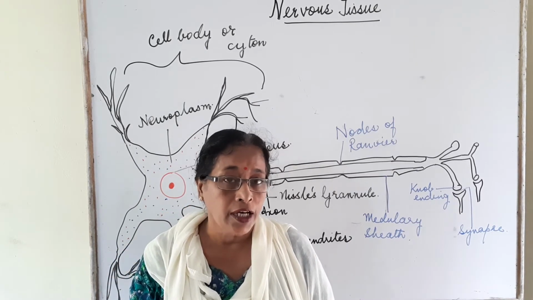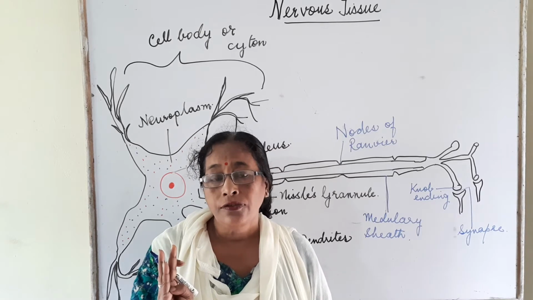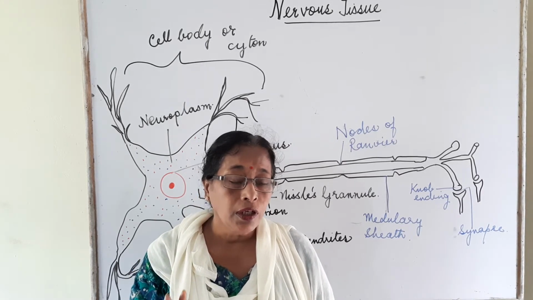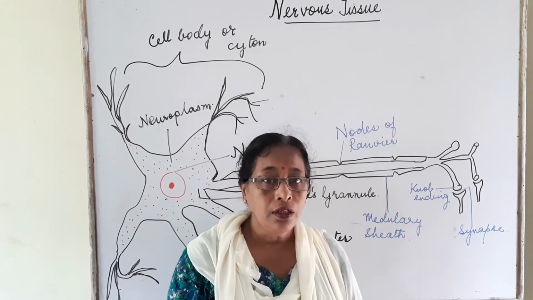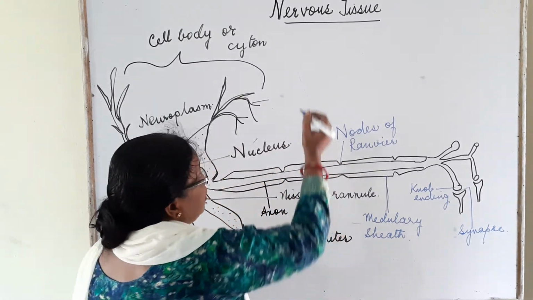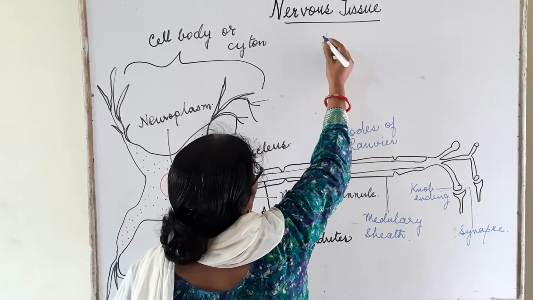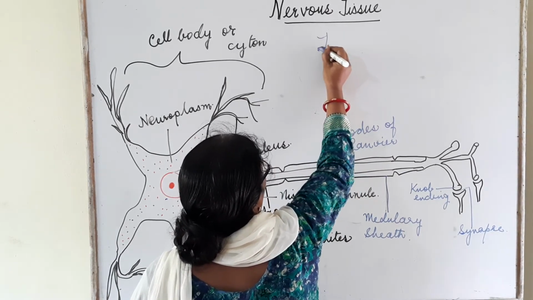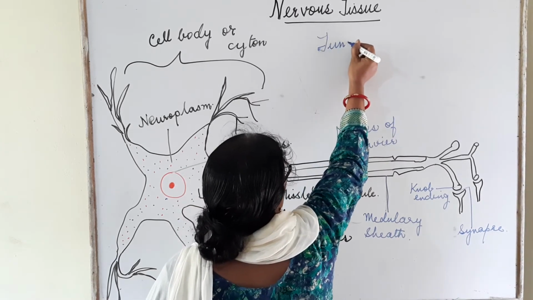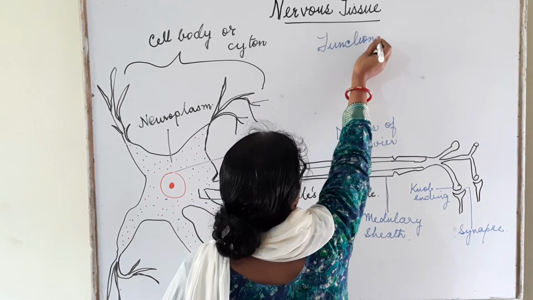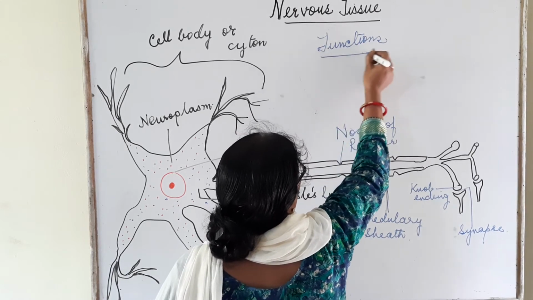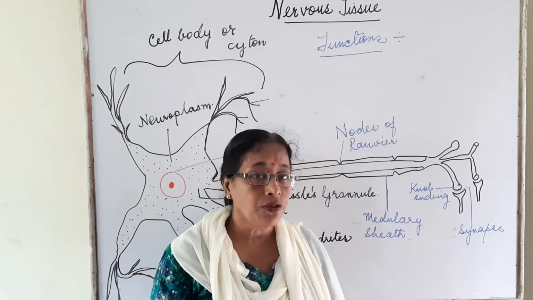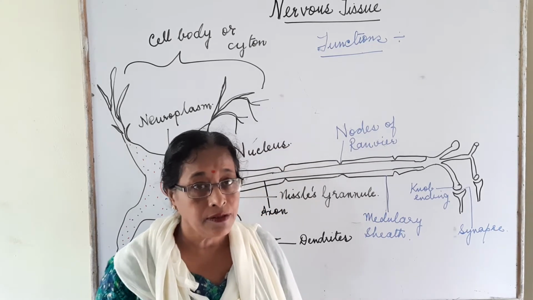Neurons are of two types. First is sensory neuron and the second is motor neuron. Now let us see the functions of the neurons or the nervous tissue. The first function of the nervous tissue is sensation.